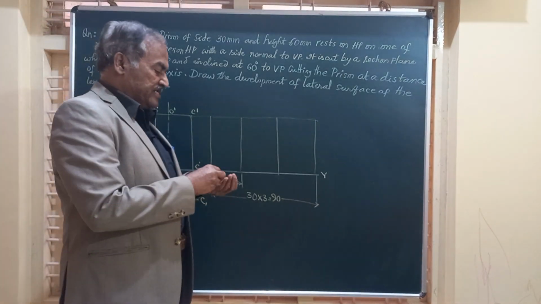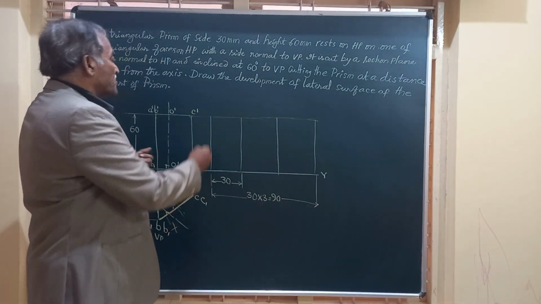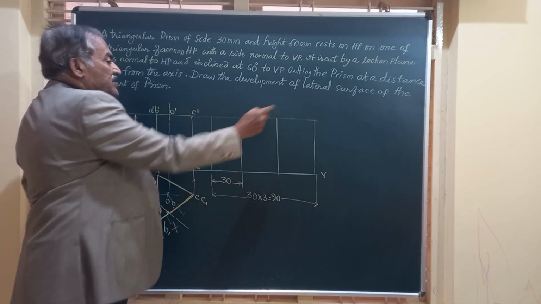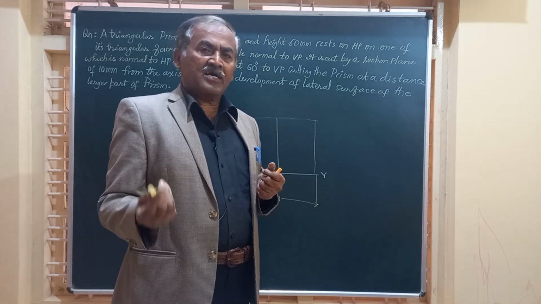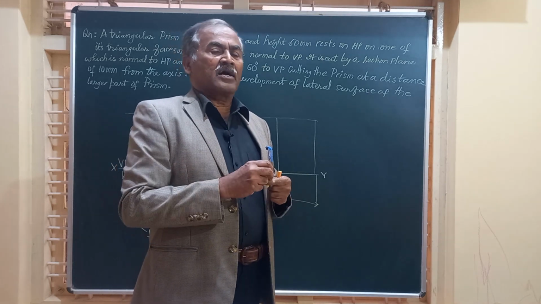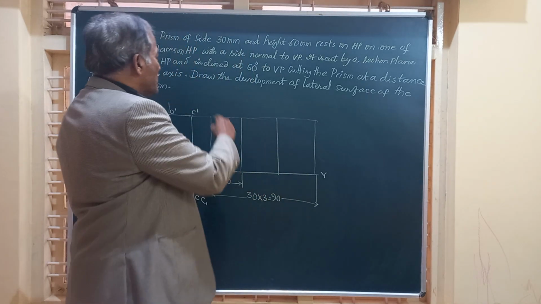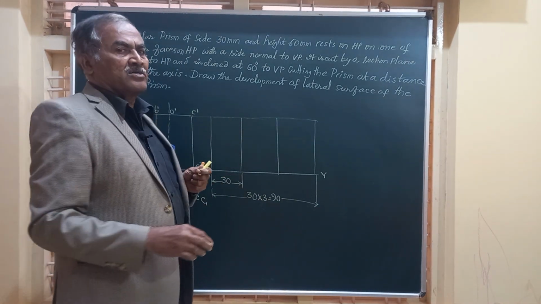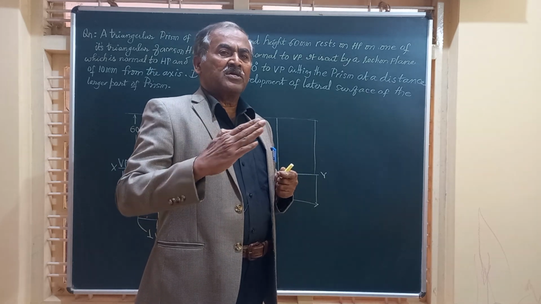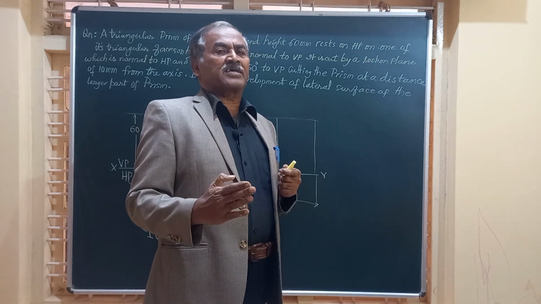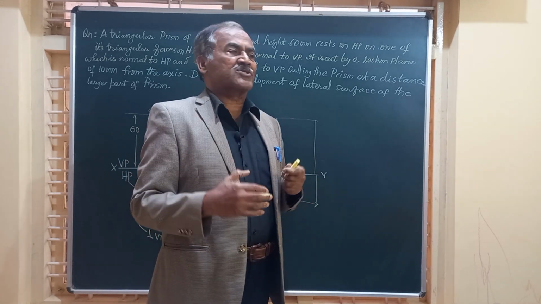The next point is how to mark these vertical edges, whether to start from AA or BB or CC, etc. And remember friends, whenever you are marking these vertical edges, you should always mark the vertical edge, any edge that is totally removed from the section plane or which is not existing there.